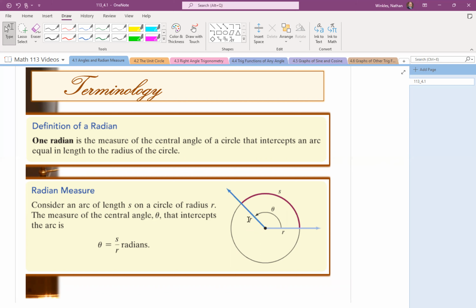Let's think about that in a different way, because I know that can be confusing. Consider an arc of length S on a circle of radius R. The measure of the central angle theta that intercepts the arc is given by theta equals S divided by R radians. When we write these, we'll normally leave it in terms of pi, something times pi, unless it tells us otherwise.